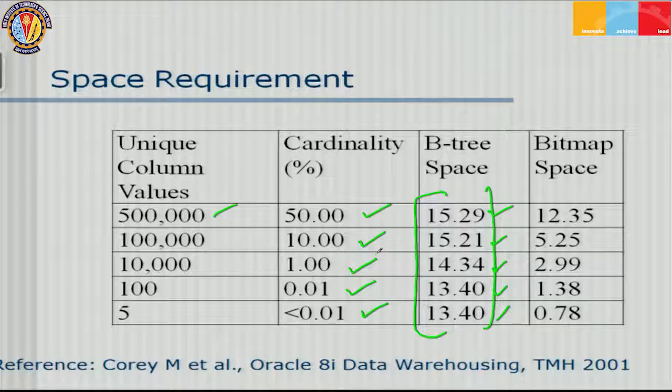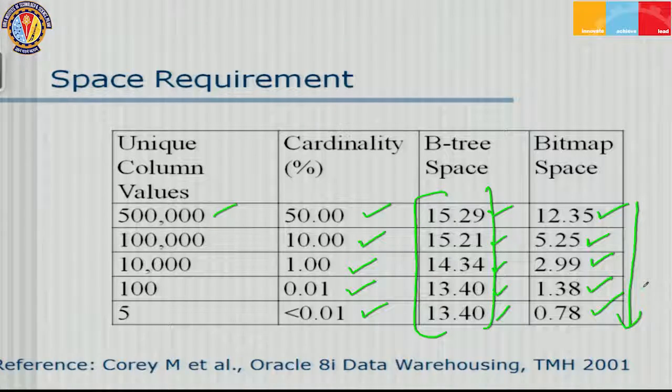Whereas if you look at the bitmap space, here it is 12.35 and 5.25, 2.99, 0.38 and 0.78. So as the cardinality goes down, the space requirement also goes down, and that is very clear to see because we are creating a bit vector for every distinct value. So the more the distinct values, the more would be the space requirement.